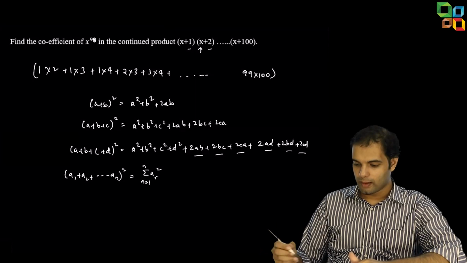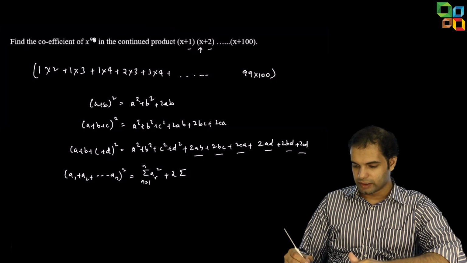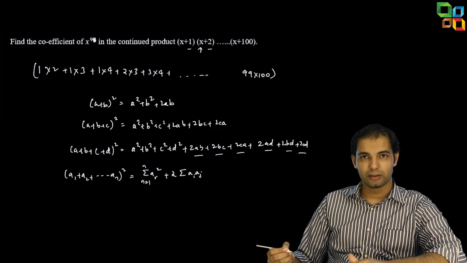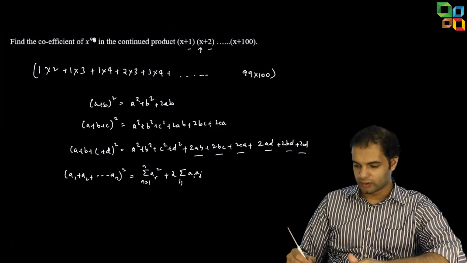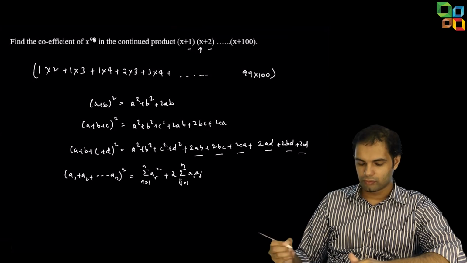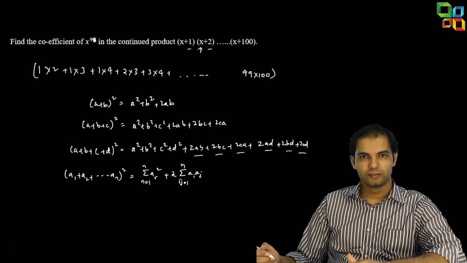Then can I write this as 2 into summation of AI into AJ? It doesn't matter what I and J are. Again, I and J start from 1 to N. Is it fine?